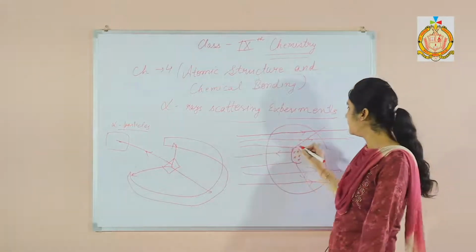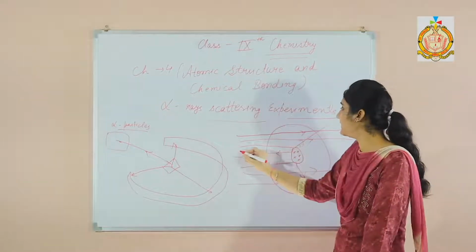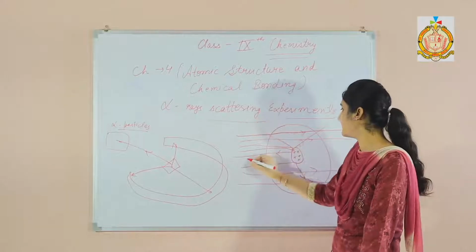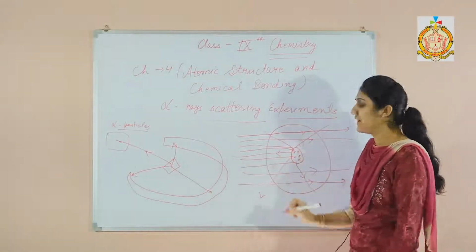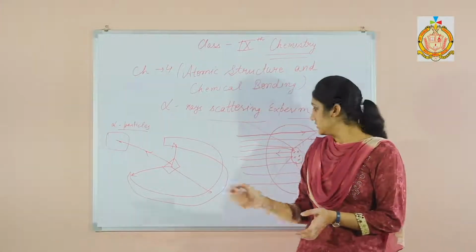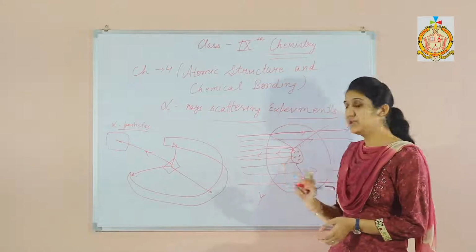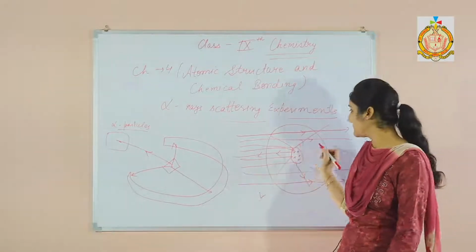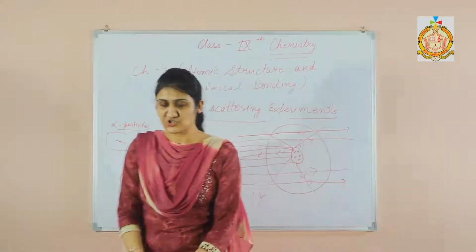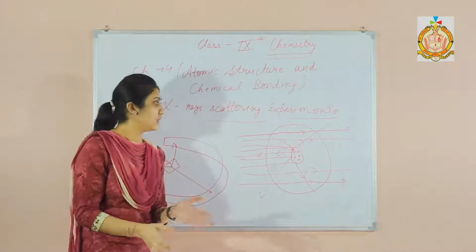Some deflected at small angles, some deflected at very large angles. But very few alpha rays bounced back, retracing their path. And from these observations, he gave the model of the atom.